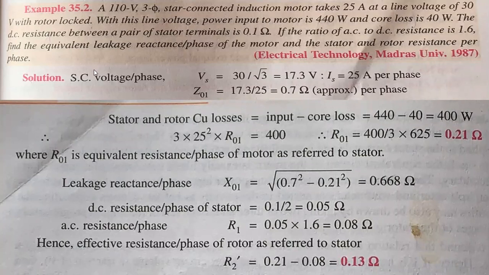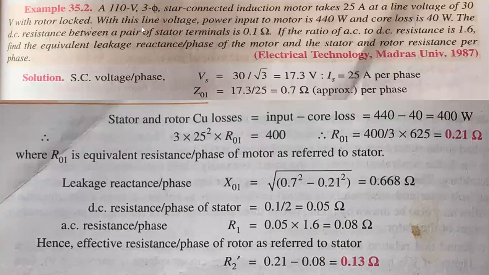So first see example A. This is a problem on blocked rotor test. A 110 volts 3-phase star connected induction motor takes 25 amperes at a line voltage of 30 volts with the rotor locked.